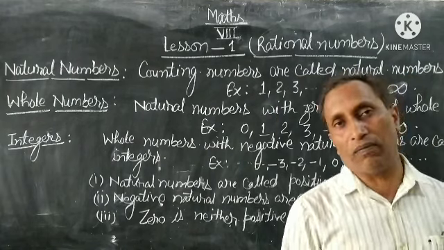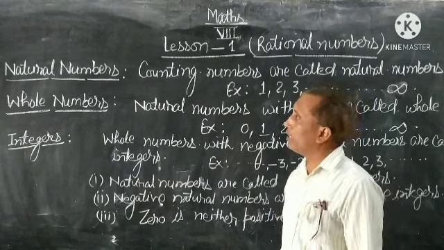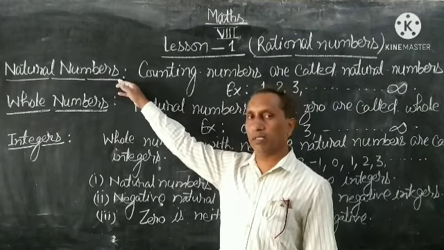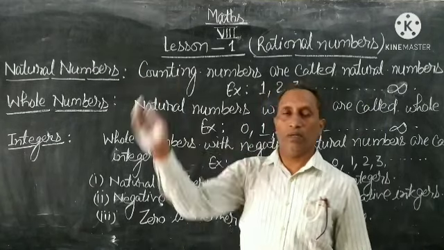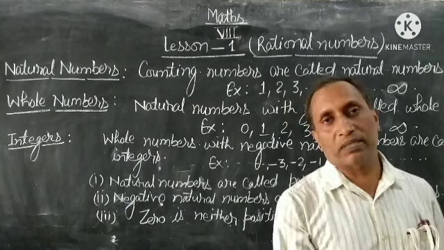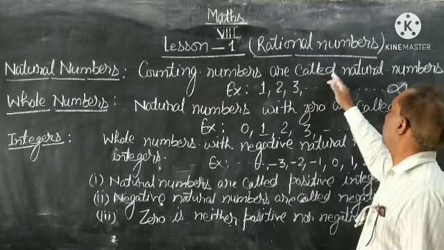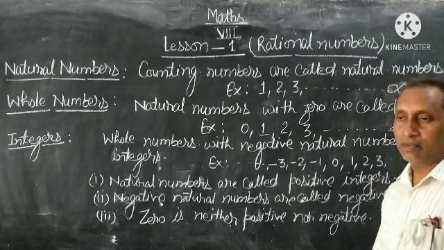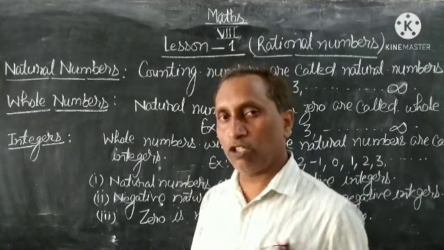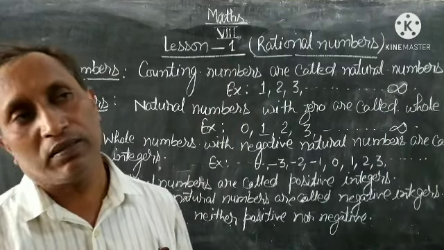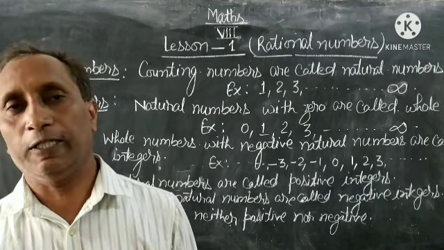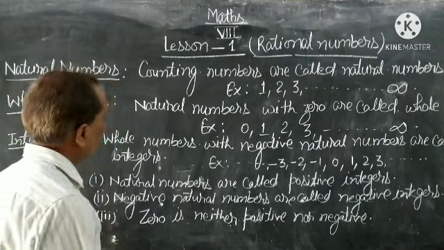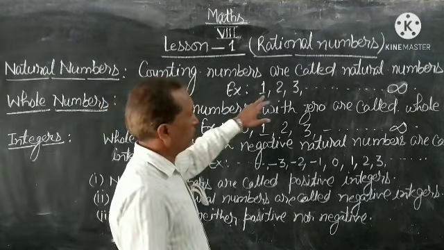First of all, I want to introduce natural numbers. You know, counting numbers are called natural numbers. They start from 1 to infinity. The smallest natural number is 1.